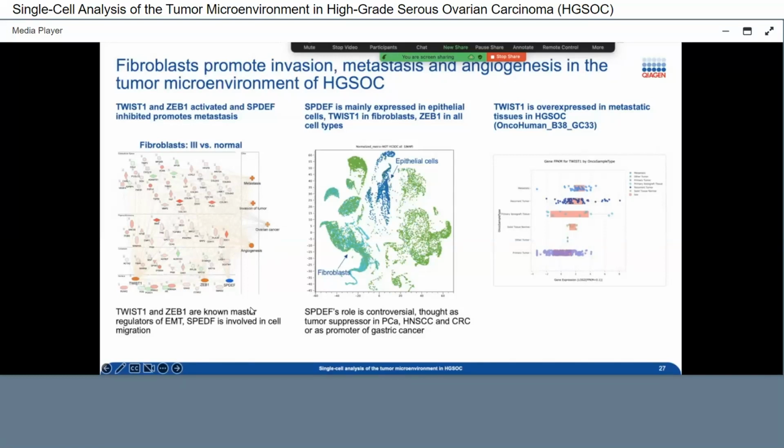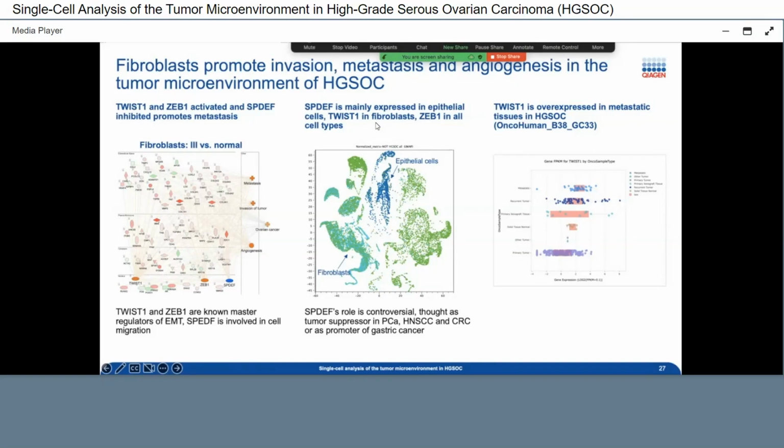So I know for that particular comparison of fibroblasts at stage 3 versus normal, I know TWIST1 and ZEB1 are extremely important along with SPDF. Well, I didn't know too much about SBDF, and I would like to know where it is expressed, as well as TWIST1 and ZEB1. So I'm going back to the UMAP, and using a color code as well, you can tell that SBDF is mainly expressed in the epithelial cells here, so the dark blue, right?